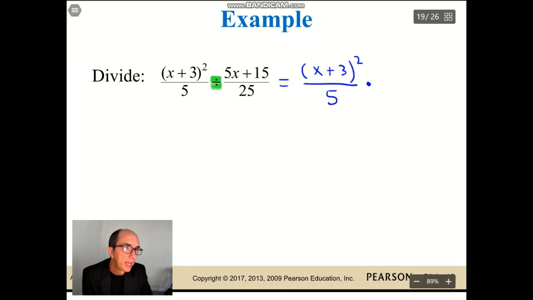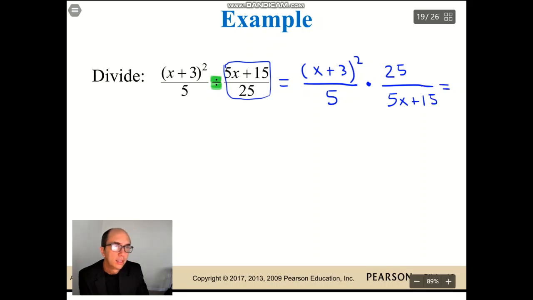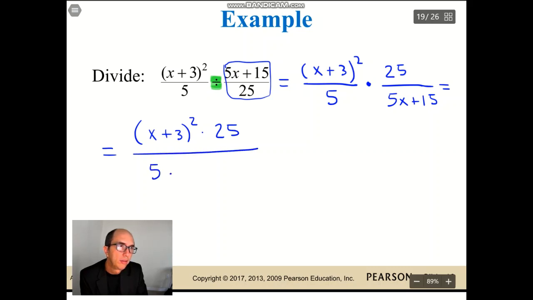Change it to multiplication, and invert. We're going to use the reciprocal, 25 over 5x plus 15. That's it. Then we can multiply the numerators and multiply all the denominators.